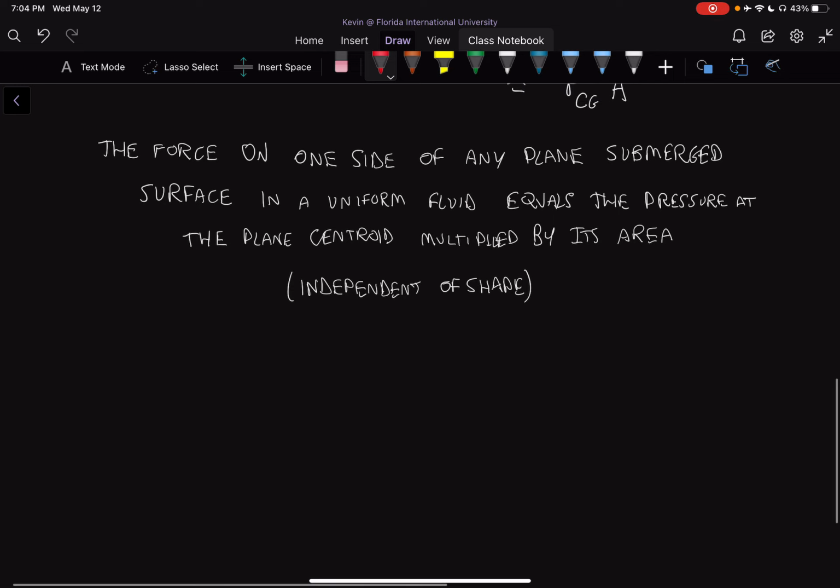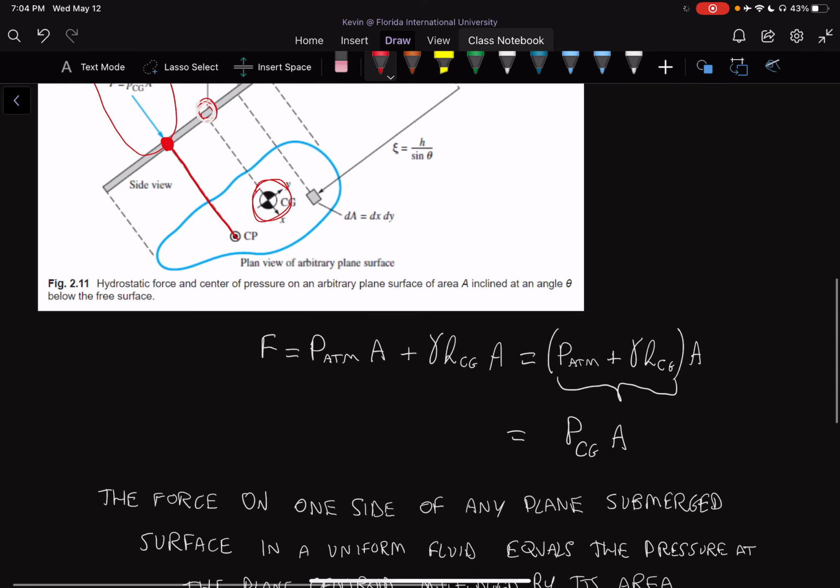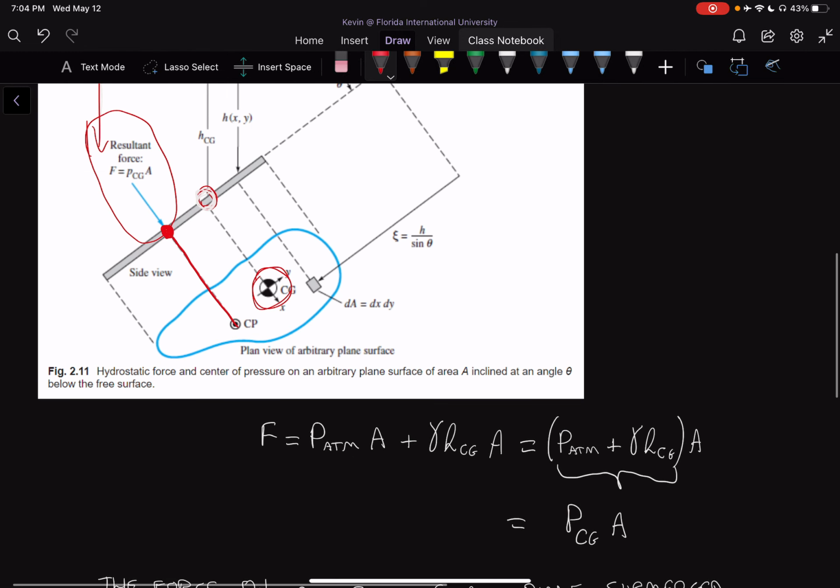Now, if we create a new coordinate system from our center of gravity, with our center of gravity being 0, okay, so this is our new coordinate system. We can figure out from our center of gravity how far our center of pressure is.